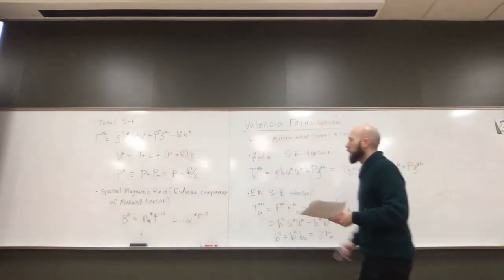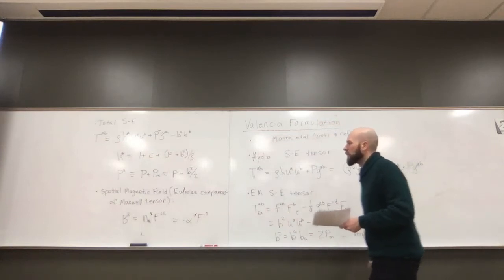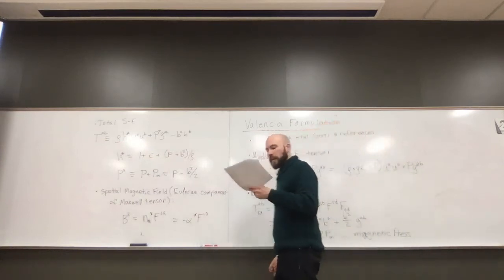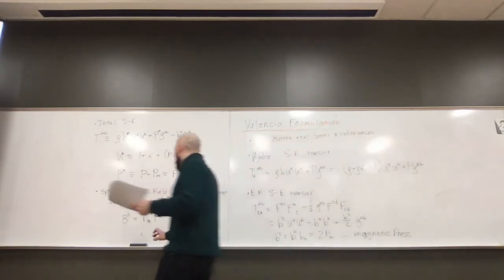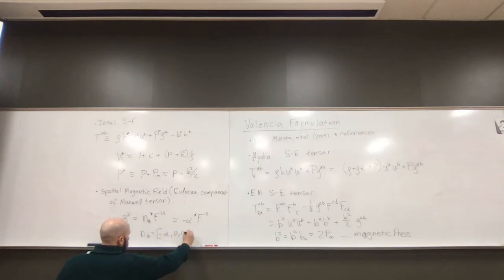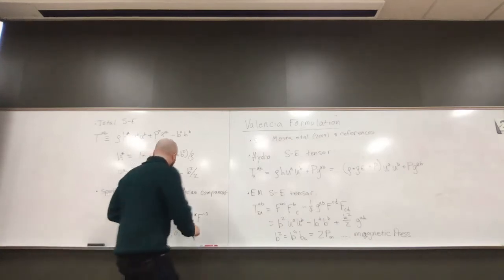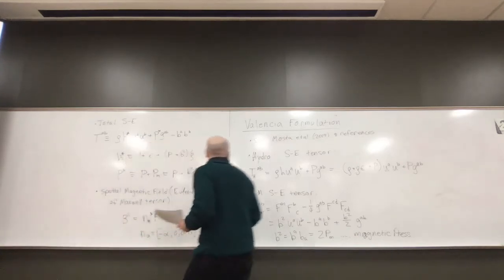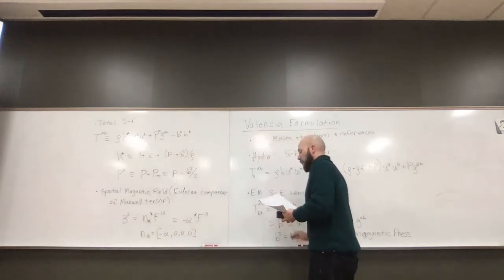So it's the Eulerian component of that Maxwell tensor, which is the dual to the Faraday tensor. And recall, just for completeness' sake, that the components of the normal vector in 3+1 are just the lapse, minus the lapse, and then zeros in this case. Okay.